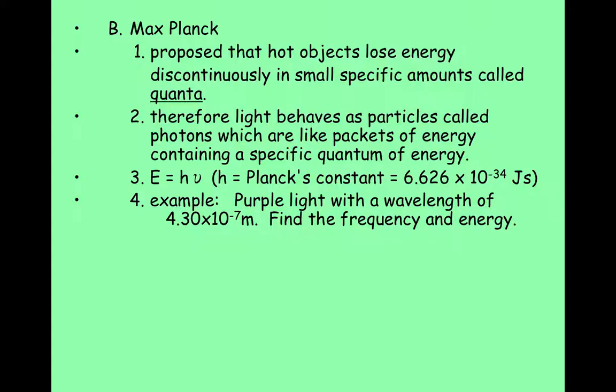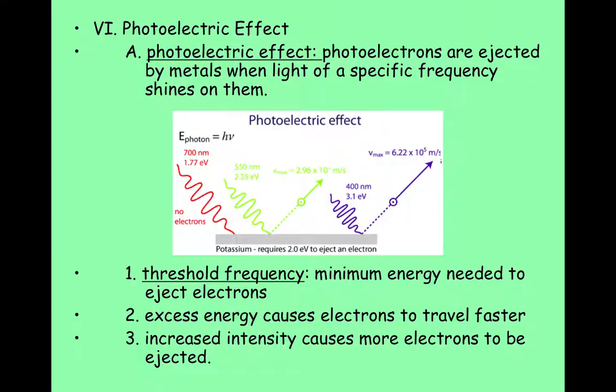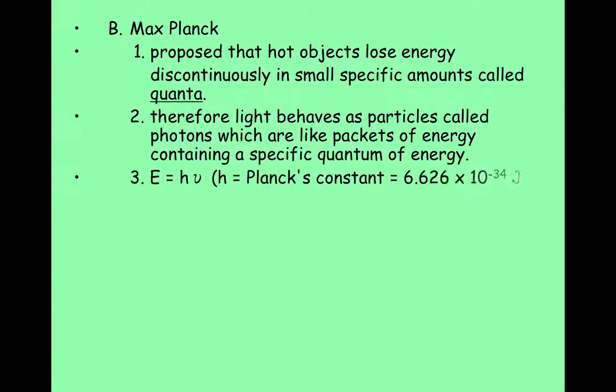So therefore, he says that light behaves as particles called photons, which are like packets of energy containing a specific quantum of energy. So between his work with, it's technically called black body radiation, but that's just how objects lose heat. That's the field of study for that. And then also his work with the photoelectric effect, he comes to this conclusion of his equation, E equals h times frequency.